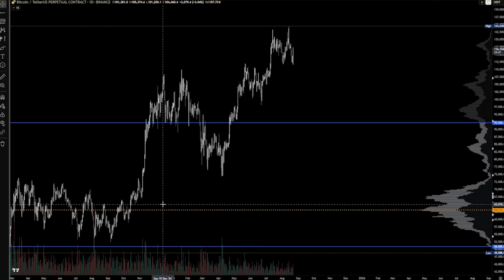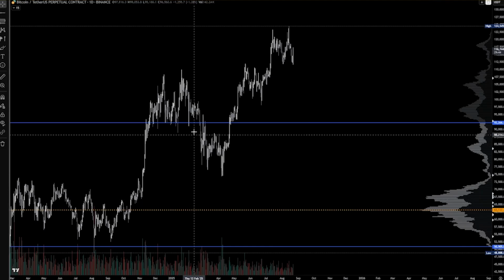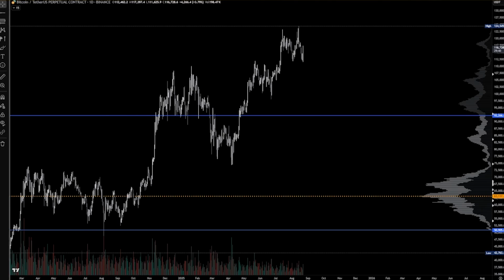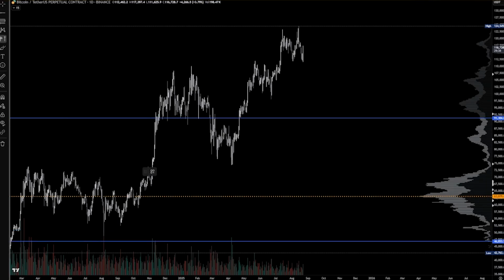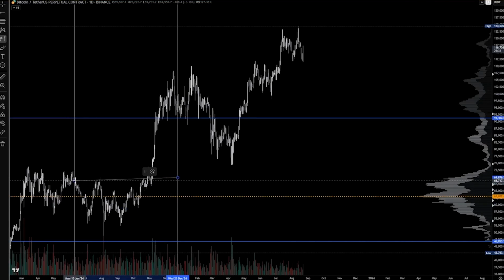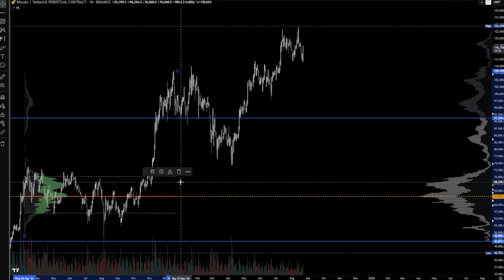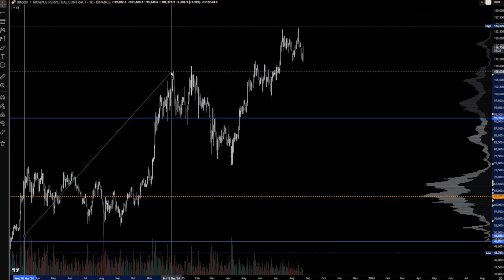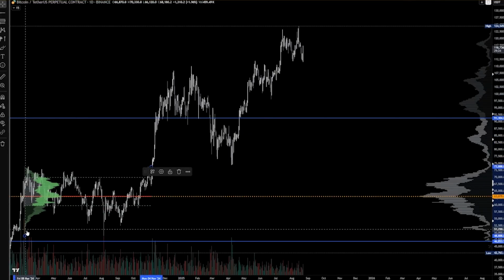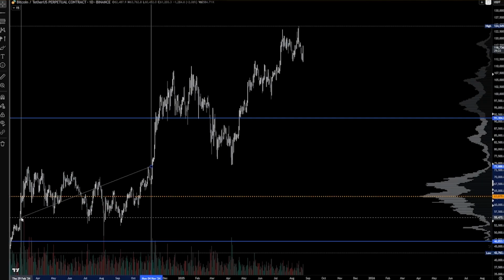And if you were to look at it with a fixed range volume profile, and that's just a tool in TradingView that you can pull, let's look at it from a range perspective.